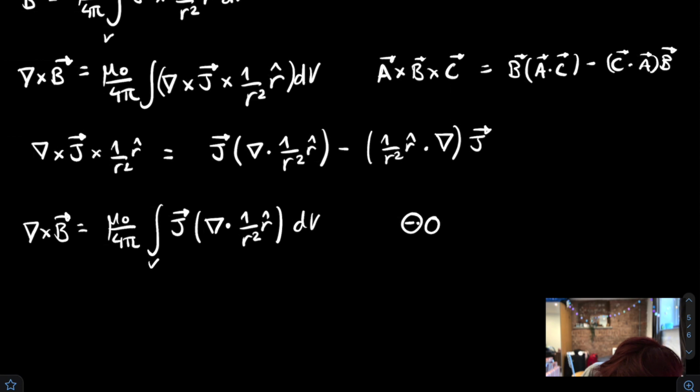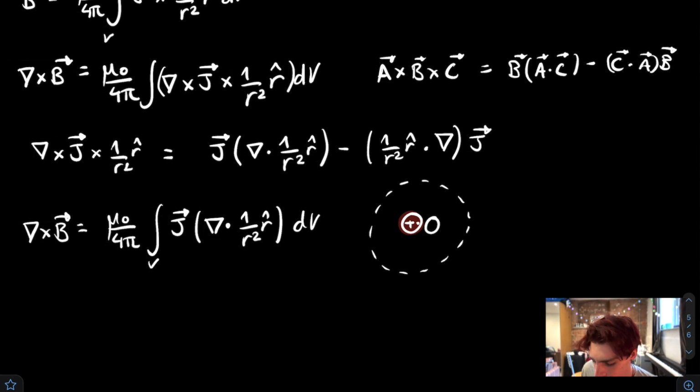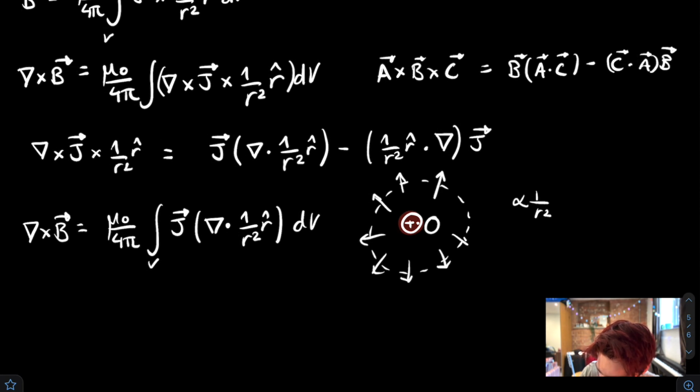If we have a charge placed at our origin and we construct a spherical shell as our closed surface, this charge is going to emit an electric field proportional to 1 over r squared. If we just calculated the divergence in spherical coordinates, we'd find that it doesn't have a divergence. And of course that's nonsense, because an electric field does pass through this surface right here. There is a net field outwards.